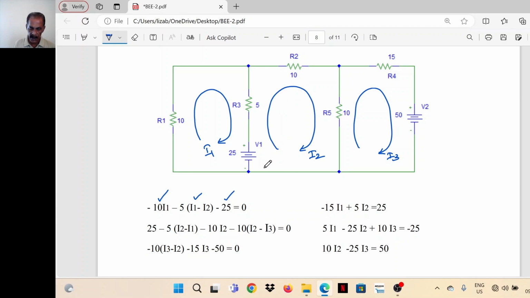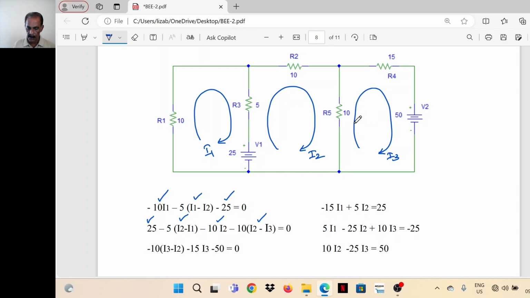So the voltage 25 is a rising potential, so plus 25. Then current through R3 is (I2 minus I1) with a negative sign, so IR drop is minus 5 into (I2 minus I1). Then 10 I2, negative sign. Then current through R5 is (I2 minus I3) with a negative sign. So minus 10 into (I2 minus I3) is 0.